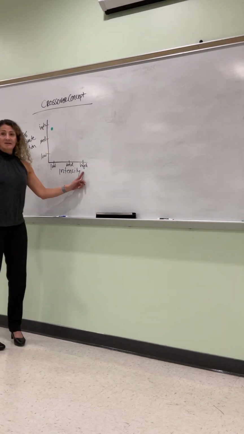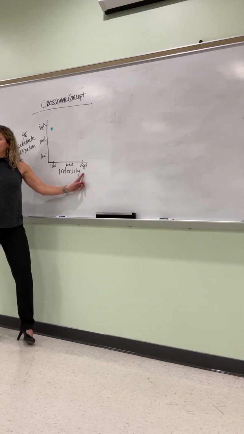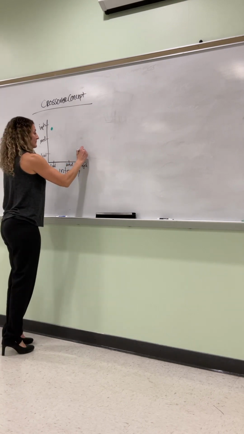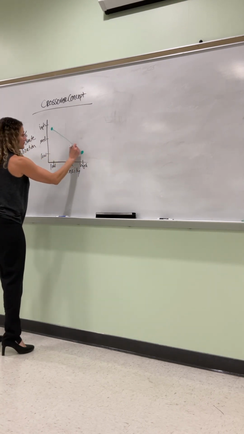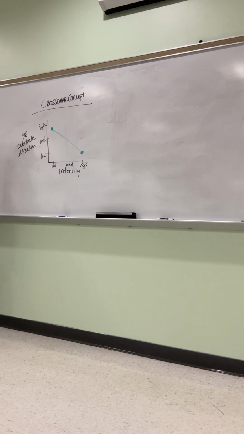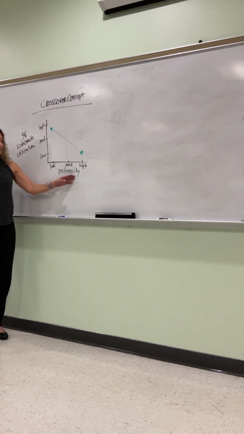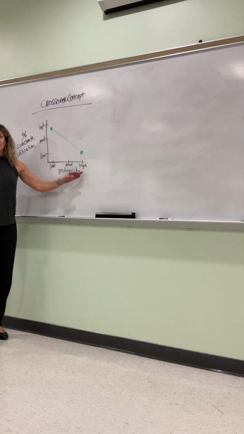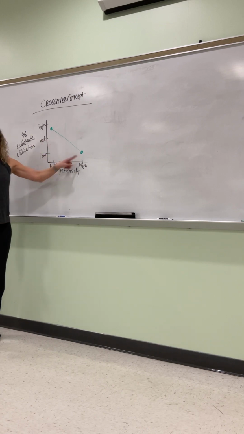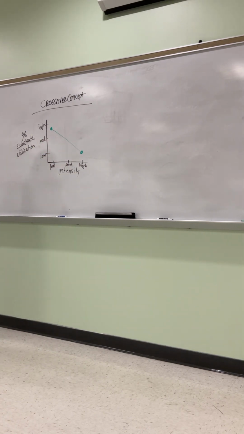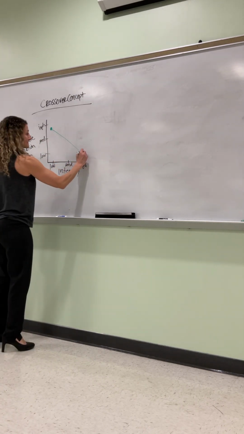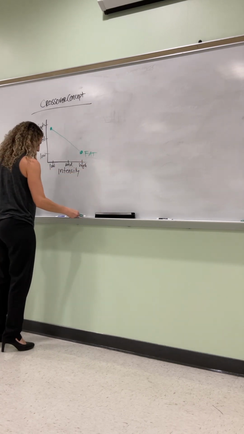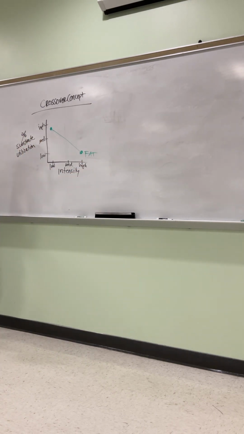At high intensity, how would you describe our reliance on fat? It's low. Okay, so this graph says, as we increase our exercise intensity, our reliance on fat is decreasing. Let's do carbohydrates.